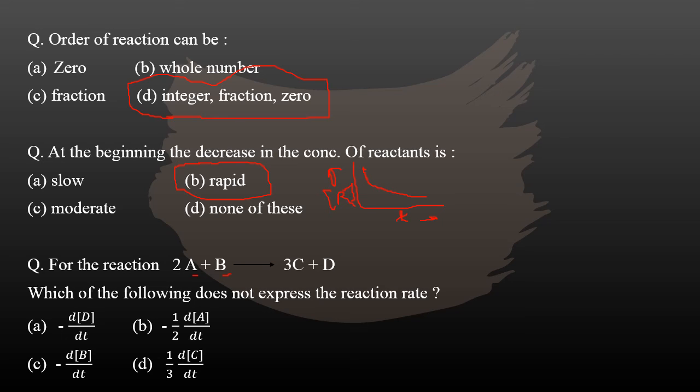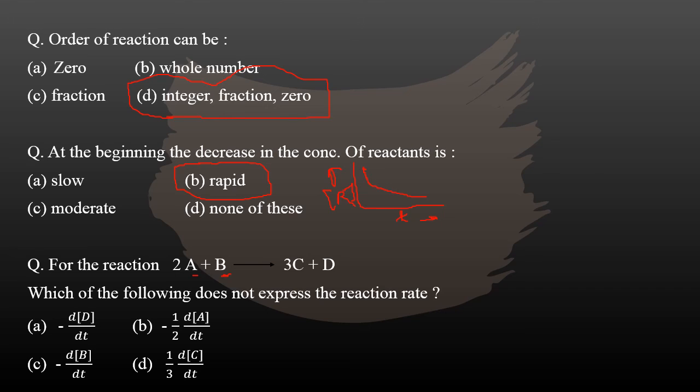So option B and option C both are correct here, because the stoichiometric coefficient for A is 2, so the rate of reaction for the decrease in concentration of A is given as minus half d[A]/dt. Similarly, when you write the rate for the decrease in concentration of B, it will be minus sign, because it is a reactant and the concentration is decreasing, so it will be minus d[B]/dt. So both option B and C are correct here, and you have to select which does not express the rate of the reaction.